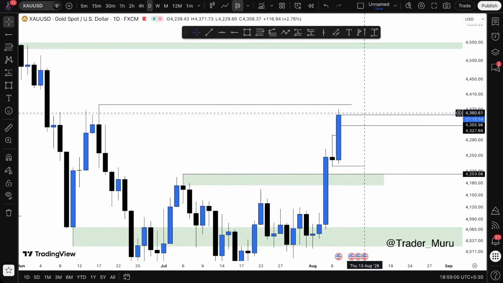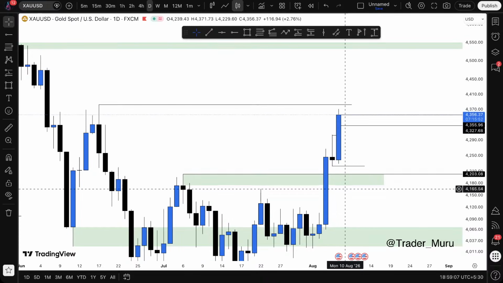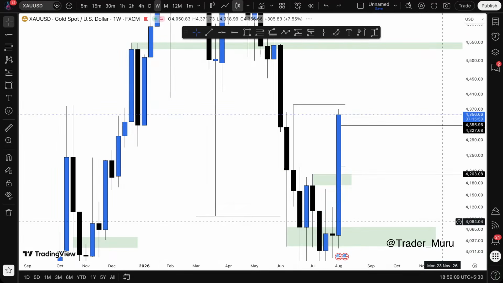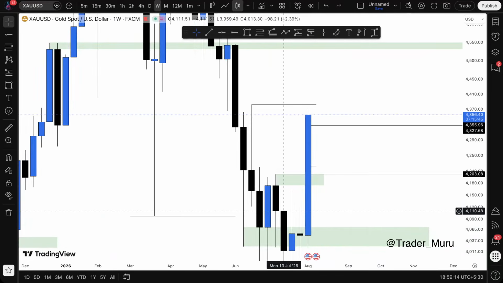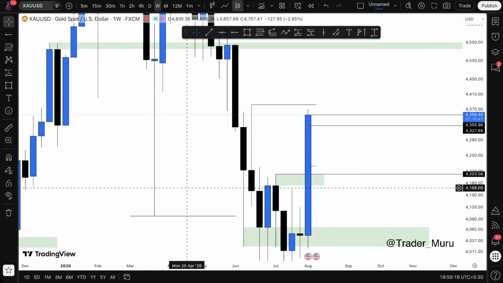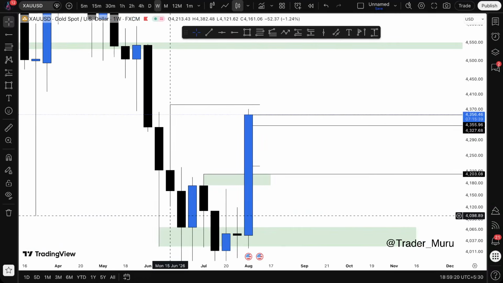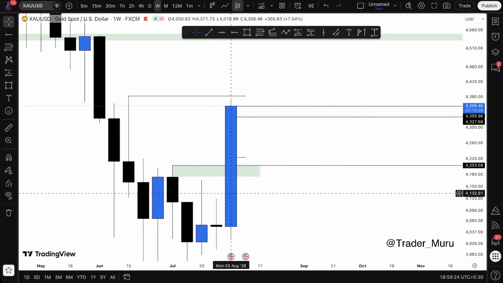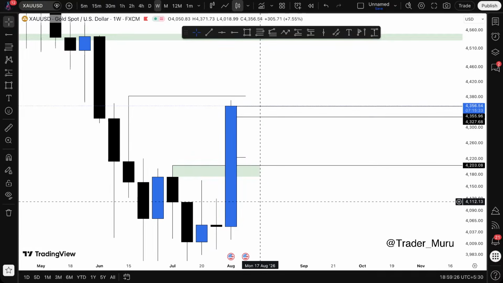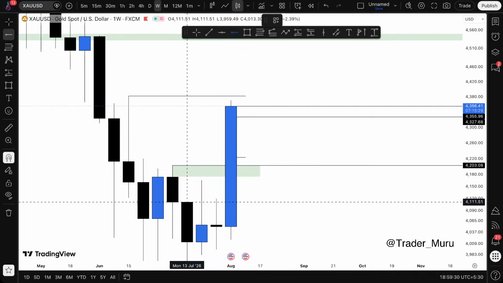And by looking at today's momentum, I don't think we will have our weekly closing near 4111. We need a massive news to drop gold this much. And if we don't get this closing here, then gold will be bullish in next week.